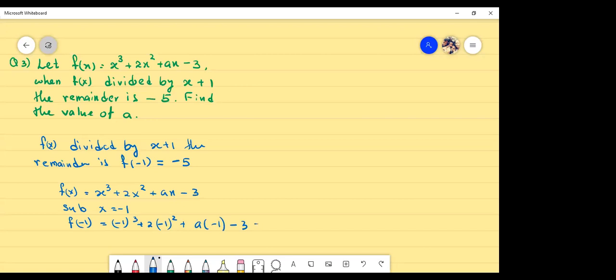Now it can be equal to, right, the given value minus 5, because in the left side we have f minus 1, it is minus 5. Now we have an equation.